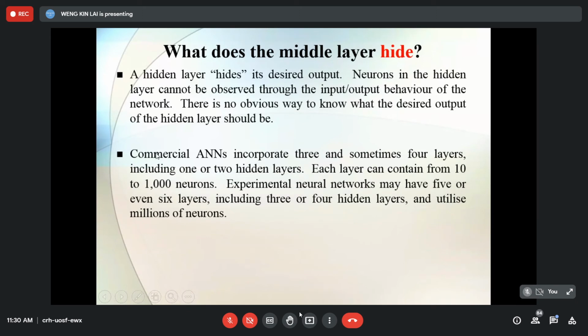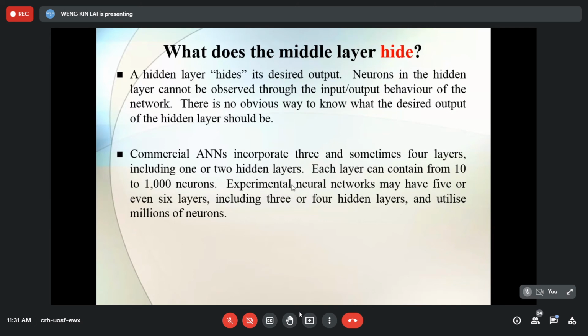Now, commercial or practical artificial neural networks, especially nowadays when you use deep learning or deep neural networks, incorporate three and sometimes four layers, including one or two hidden layers. Of course, each layer can contain anything from 10 to 1,000 neurons. Those we call experimental, but nowadays it's actually quite common to have many layers.